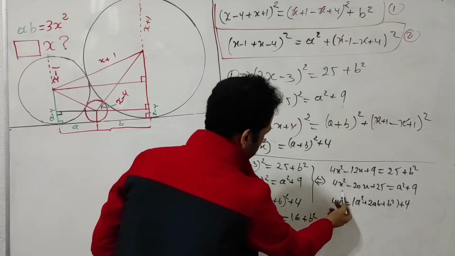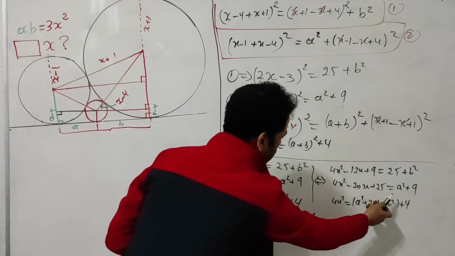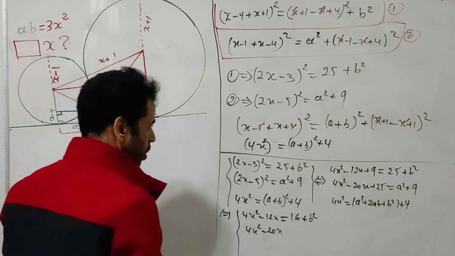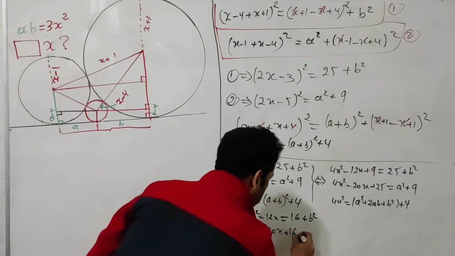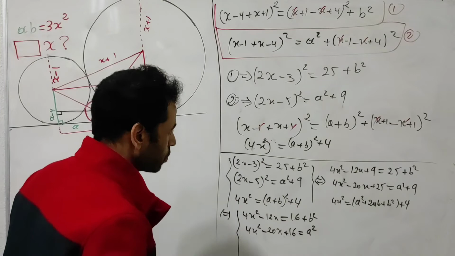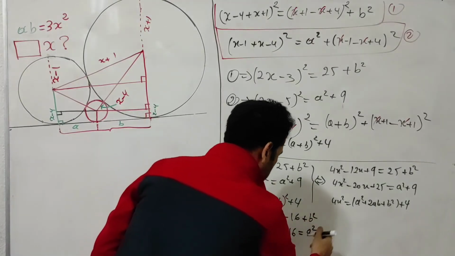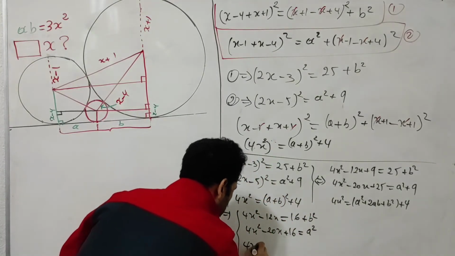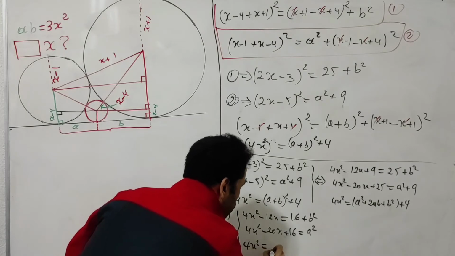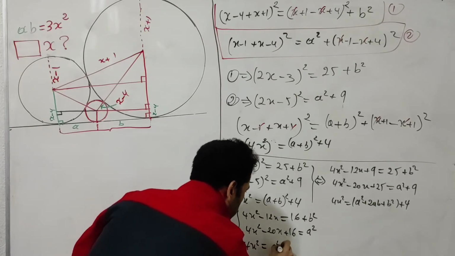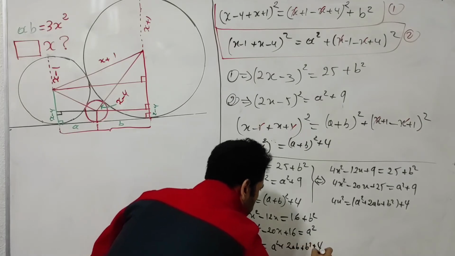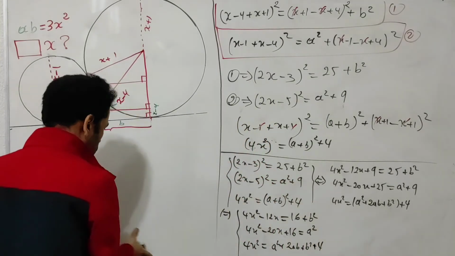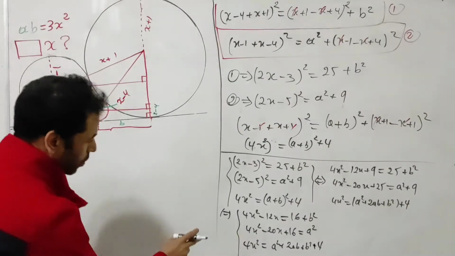I'm going to simplify the second equation by moving 9 over to the left side of this equation. I get 25 minus 9, which is 16, plus 16 equal to a squared. For the last equation, I get 4x squared equal to a squared plus 2 times ab plus b squared plus 4. I'm going to move these three equations over here and simplify more.